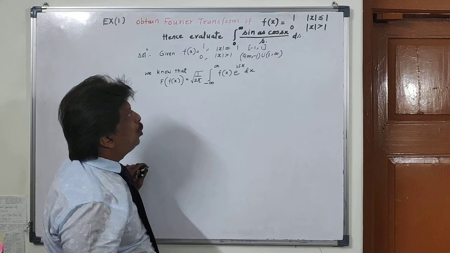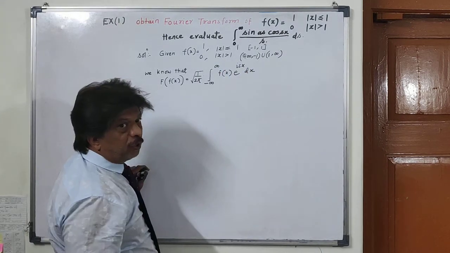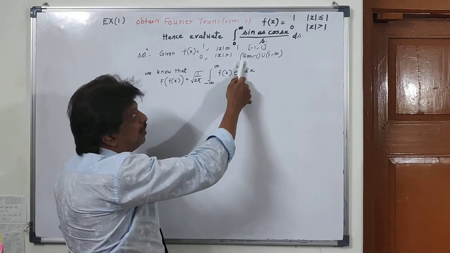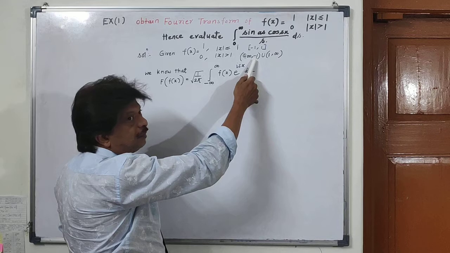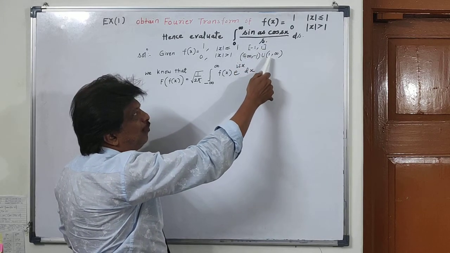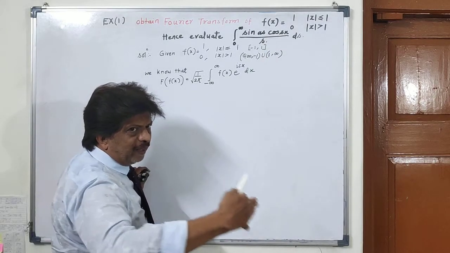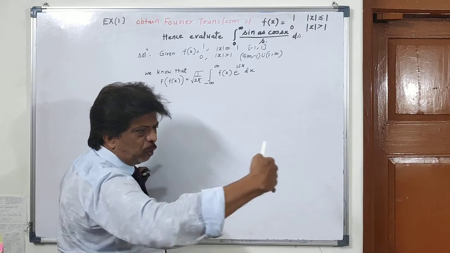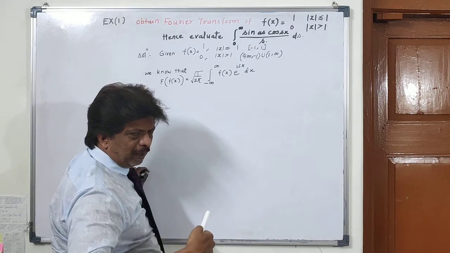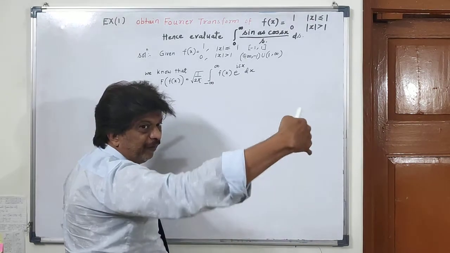So subject to the domain of definition of this given function, we shall split this limit minus infinity to infinity into 3 intervals: minus infinity to minus 1, then minus 1 to 1, and then from 1 to infinity. From minus infinity to minus 1 it is 0, and from 1 to infinity it is also 0.